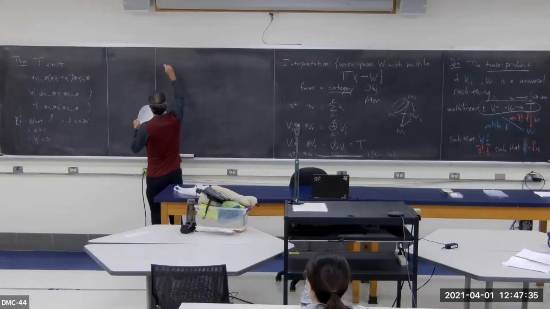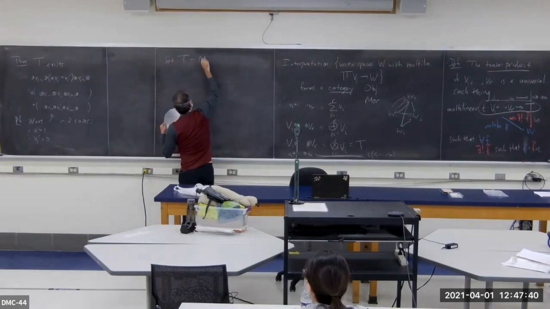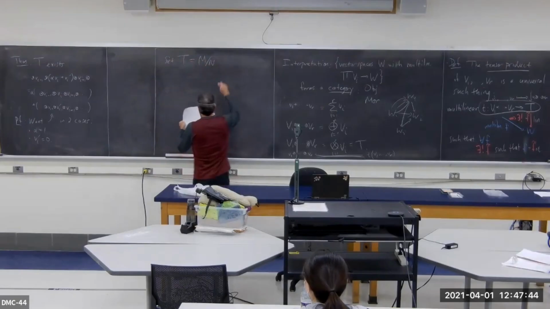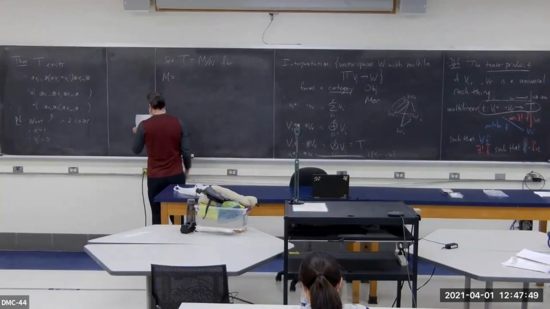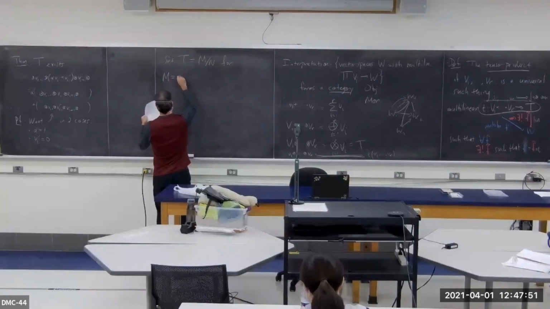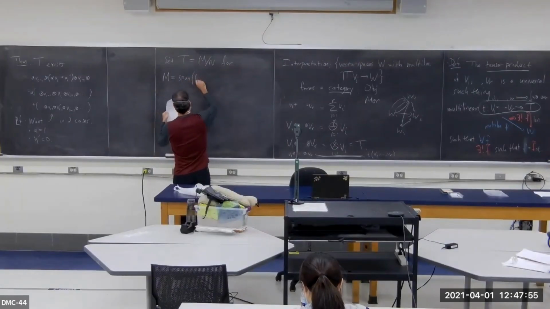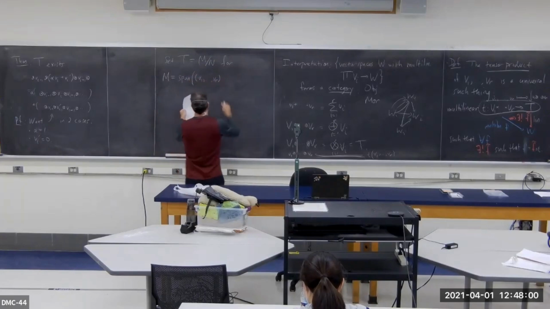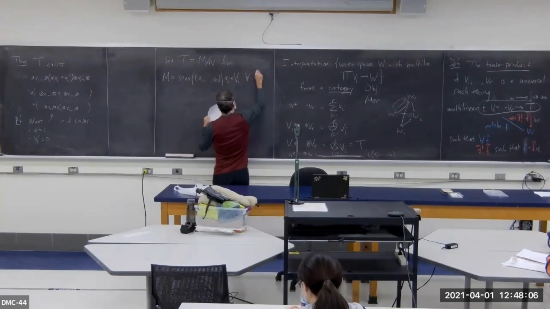Okay. So let's set T equal M mod N. We're going to use quotients now. Or M equals the span of, and it's going to be all lists V1 up through VR, such that Vi is an element of capital Vi for all i.